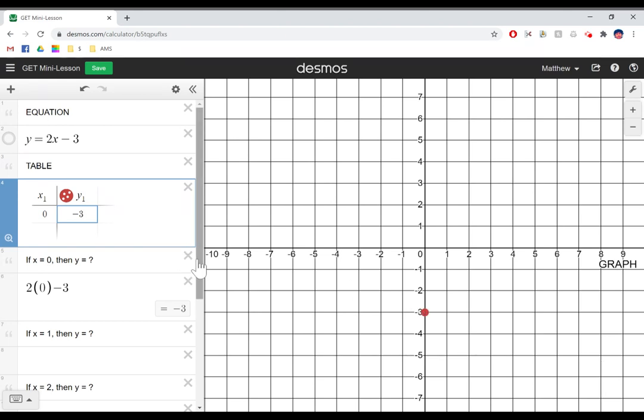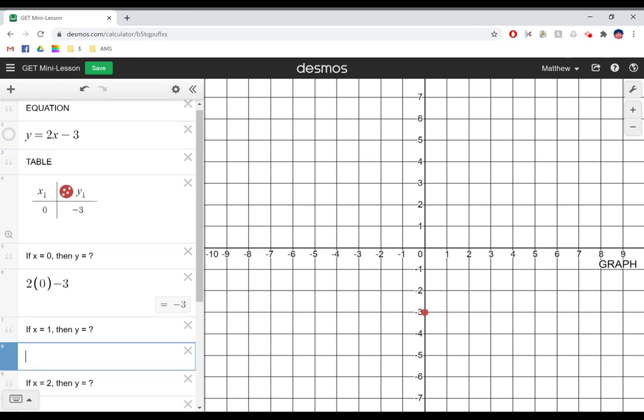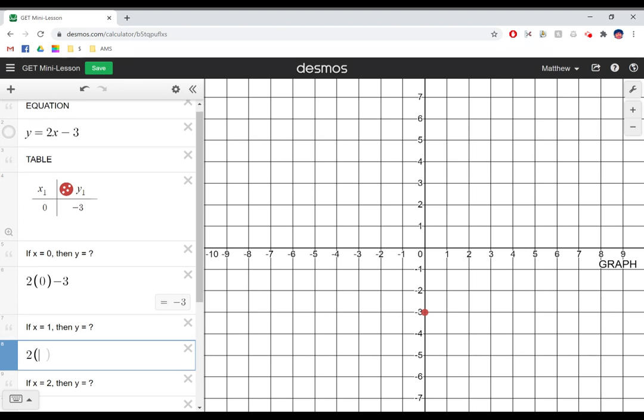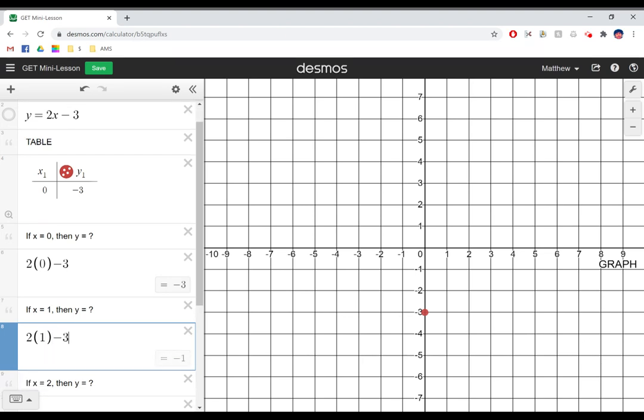I'm going to go through some of these calculations pretty quickly, so definitely pause and rewind if you need to. We're going to use the same rule, y is equal to 2x minus 3, just with different x values, so I get more points to see what the shape of my graph looks like. If x is equal to 1, it's 2 times 1 minus 3.